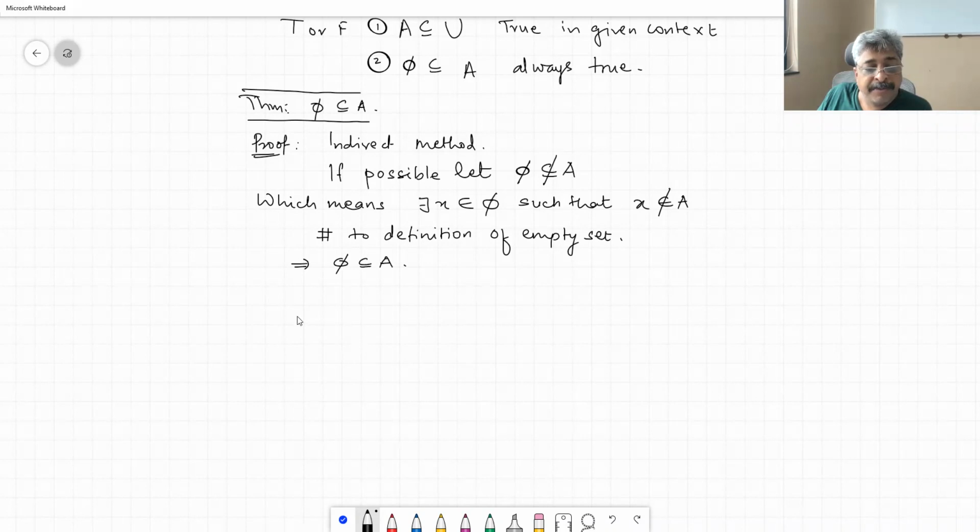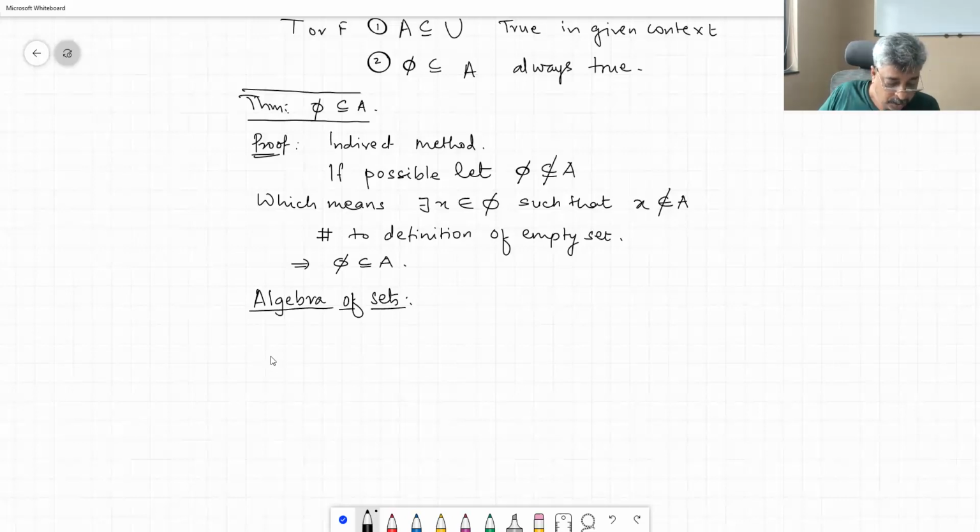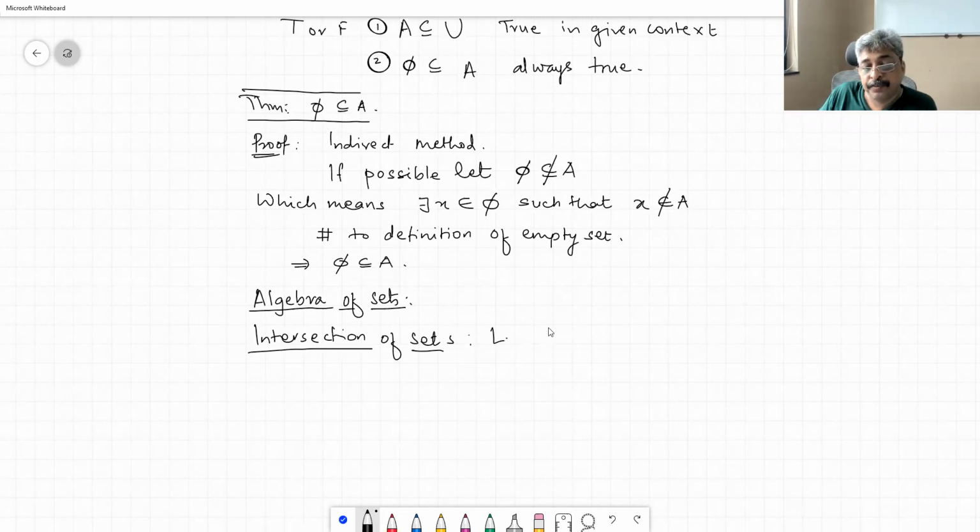Let us do now algebra of sets. Intersection of sets. Let A and B be two sets.